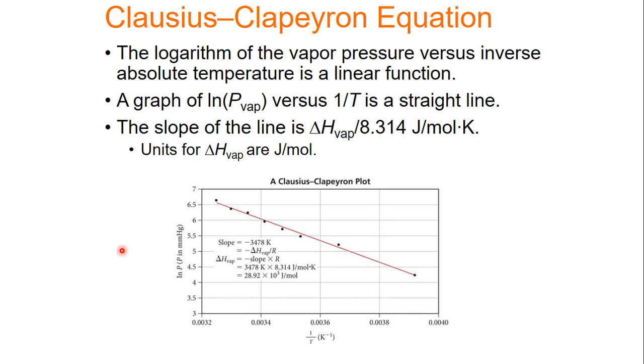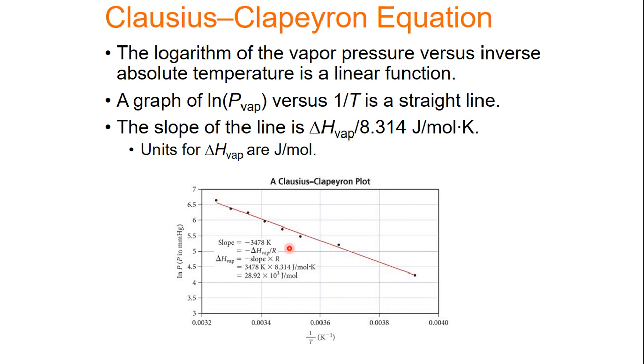And we have an equation to understand this idea, the Clausius-Clapeyron equation. For the Clausius-Clapeyron plot, you take the natural log of your vapor pressure and plot that on the y-axis. Then you have the temperature plotted on the x-axis, but it's inverse temperature, 1 over T. You take your liquid at various different temperatures, measure the vapor pressure, plot that, and then make a line from that plot.